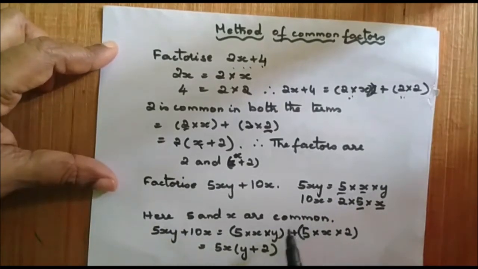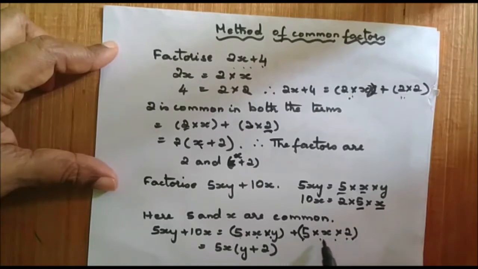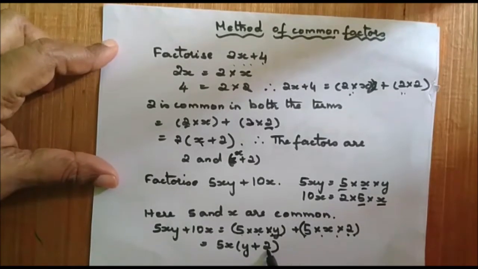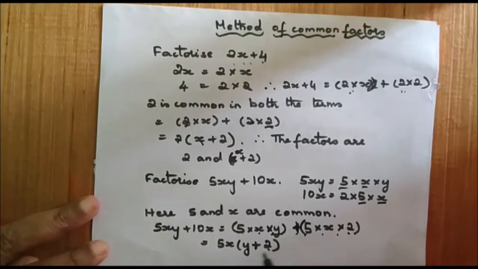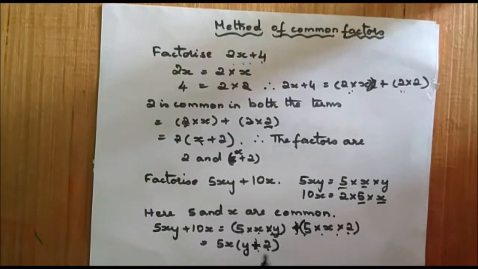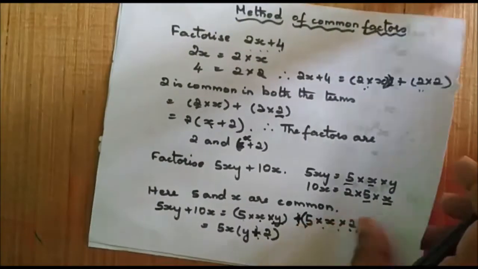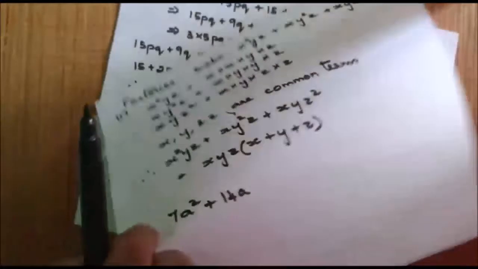So let me take the common terms outside. 5 into x into y plus 5 into x into 2. So I take my 5 into x outside. Here y is remaining, I write y here. Here 2 is remaining, I write my 2 here. This plus sign comes over here. I hope you get it. So the answer is 5x into y plus 2. So this is the method of common factors.